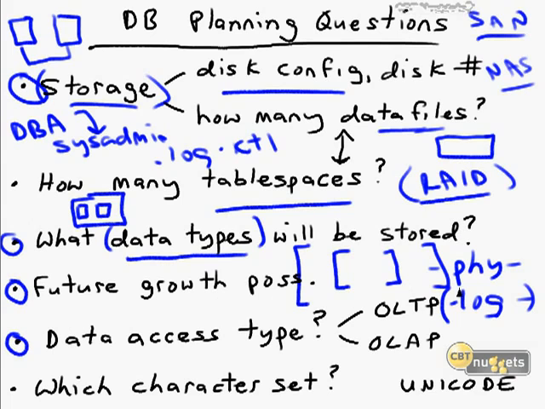Data access type. Are we using a database primarily for short-term frequent transactions, what's called an online transaction processing, or OLTP, environment? Or by contrast, are we in more of a data warehousing, business intelligence, data analysis scenario called online analytical processing, in which queries can run for much longer periods of time?